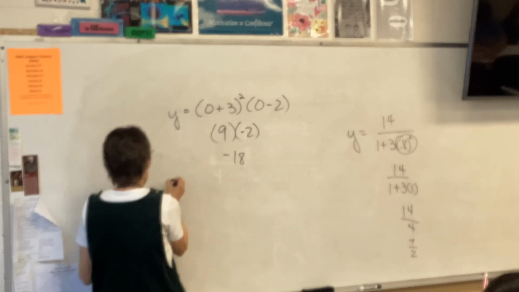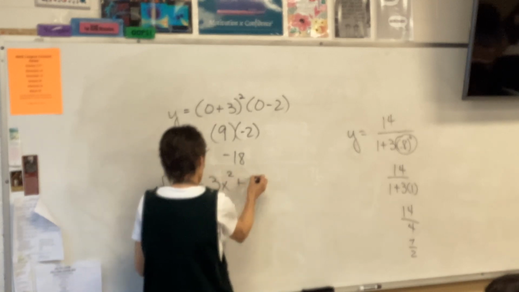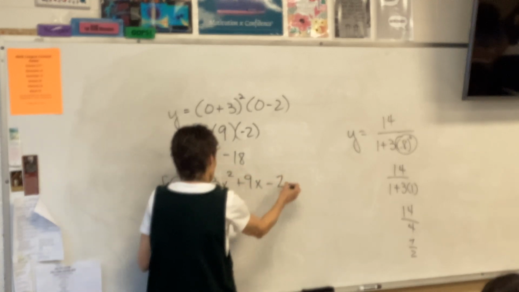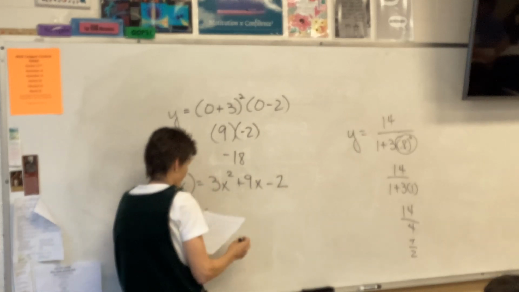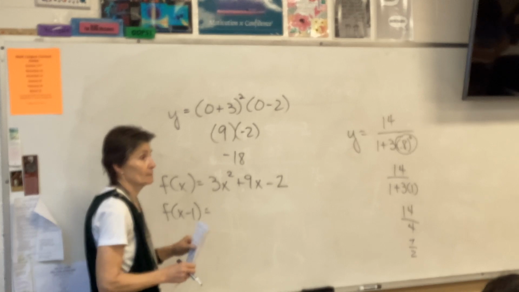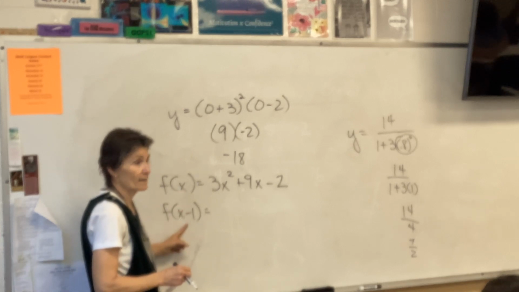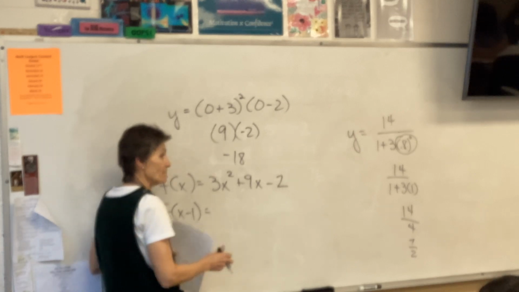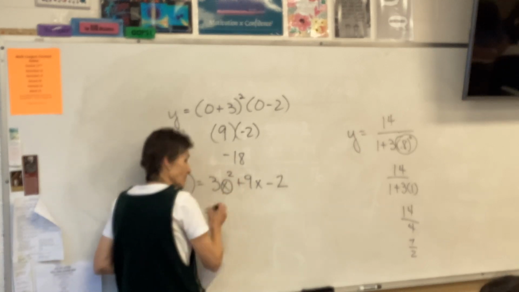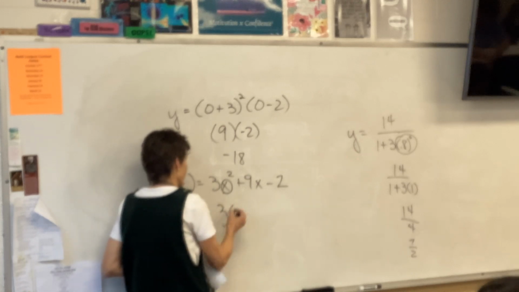Okay. Now we've got some quadratic function here. And we are going to let x be x minus 1. We're replacing x with x minus 1. So that means that that x right there becomes x minus 1.